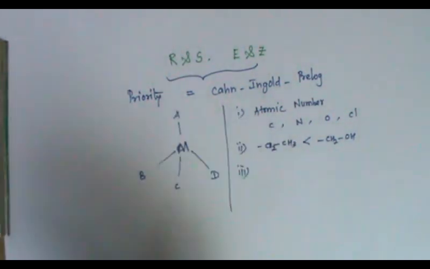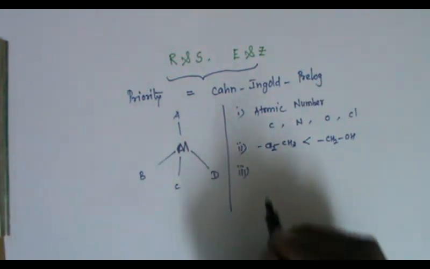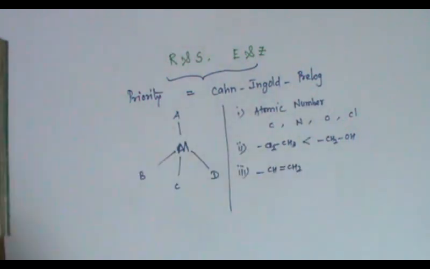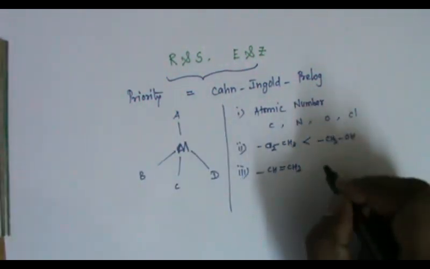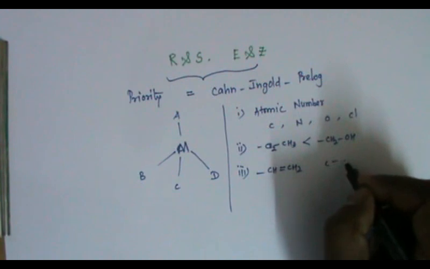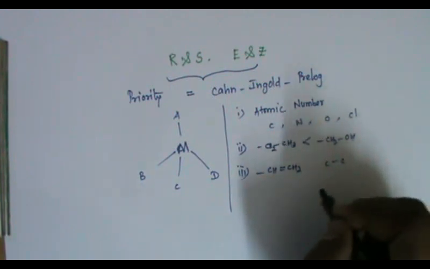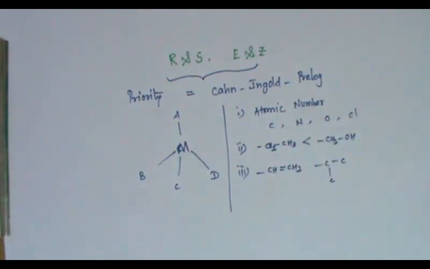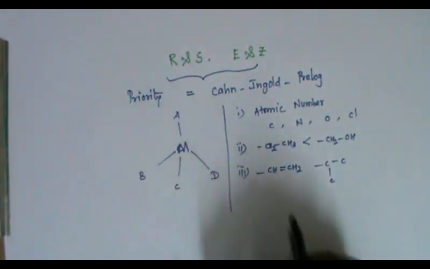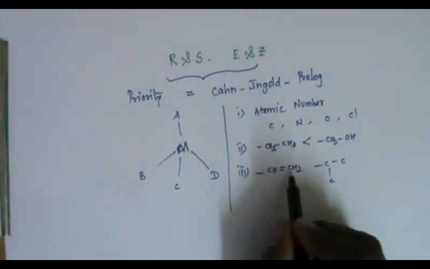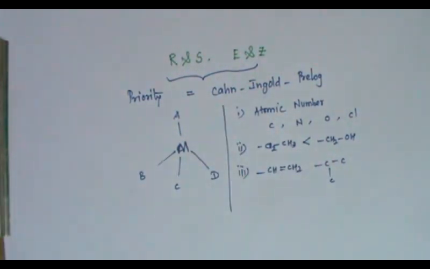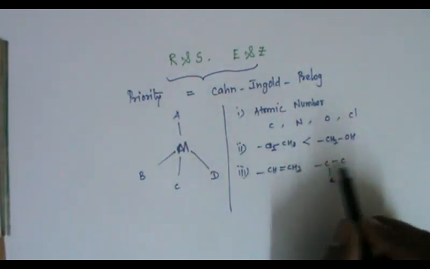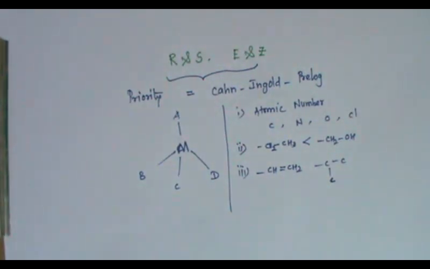The third one: suppose we have something like this, two groups. We have a carbon with a double bond or triple bond, and another carbon which is attached to two more carbons.